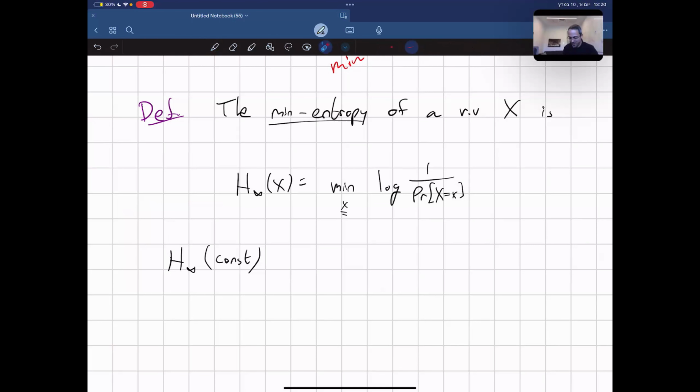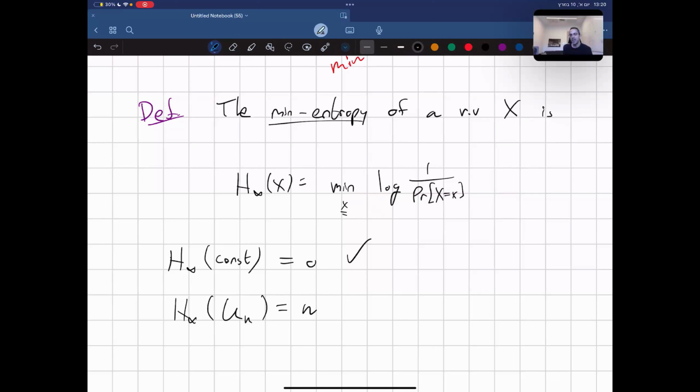Because in a constant distribution, there is one element in the minimum, and its probability is 1, so the log of 1 over 1 is 0, so that's great. What about the entropy of the uniform distribution over n bits? If we did things correctly, it should be n. And it is, right? In this case, all of these probabilities are 2 to the minus n, so you get your n back.